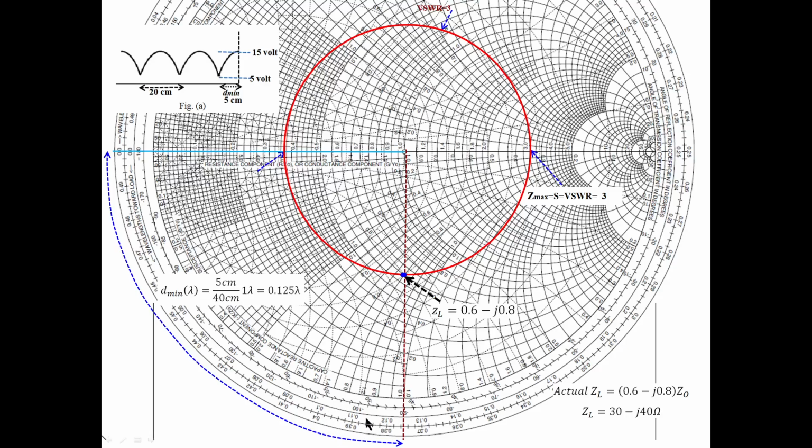Starting from here, you move 12 divisions and come here. This is 0.12 lambda.